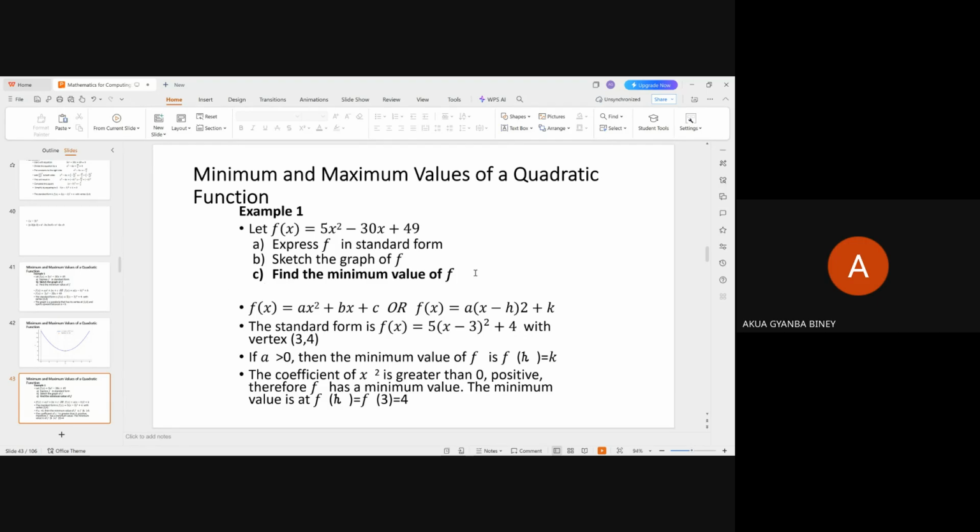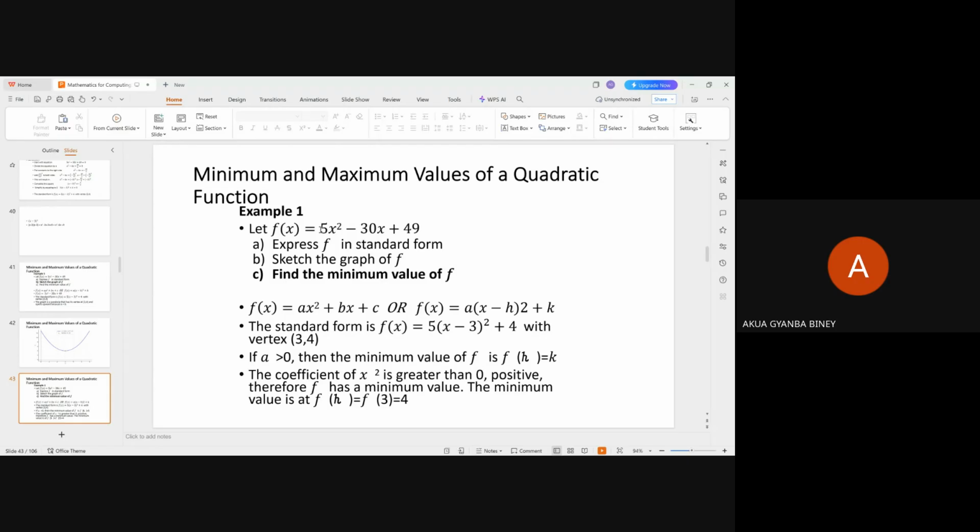Find the minimum value of C. Before we go on, your h as well as your k. Mostly your k is the minimum or the maximum value. It is minimum here because A was greater than 0, so you end up getting a minimum value.